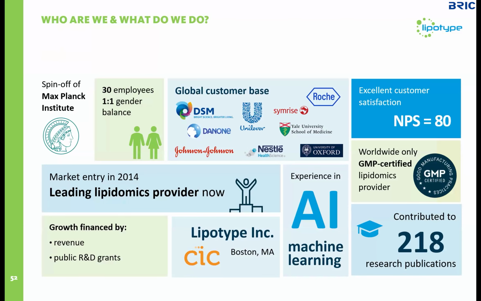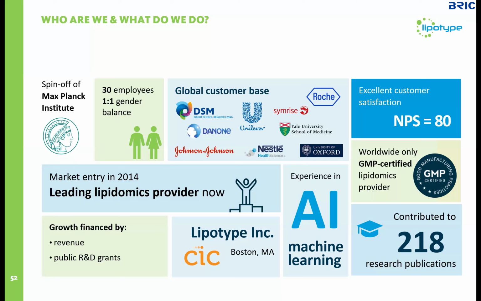Now, I would like to say a few words about Lipotype and what we do. Caroline already mentioned that we are a globally leading lipidomics service provider. The company started its path in 2014 as a spin-off of the Max Planck Institute of Molecular Cell Biology and Genetics. At the moment, we are a little over 30 people with one-to-one gender balance.